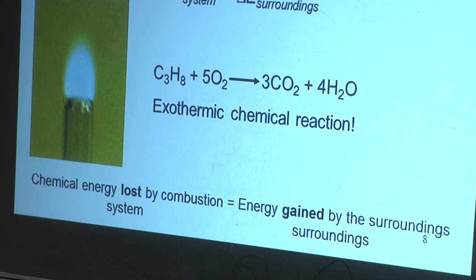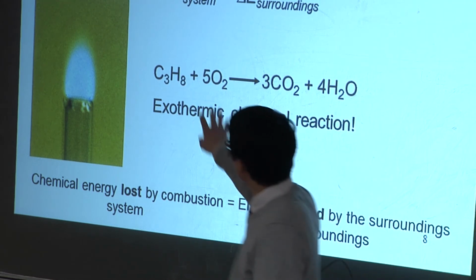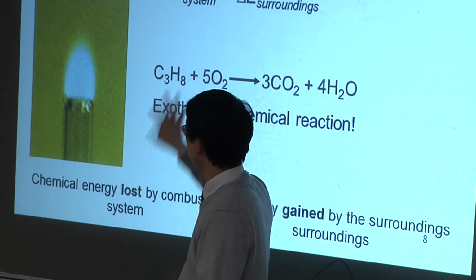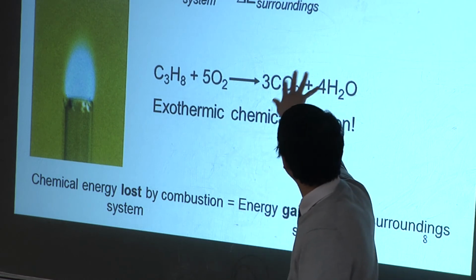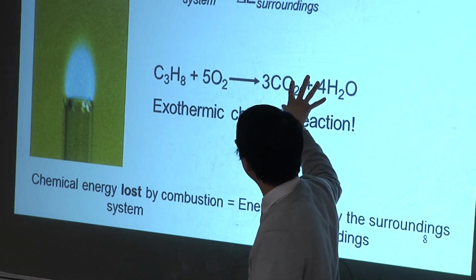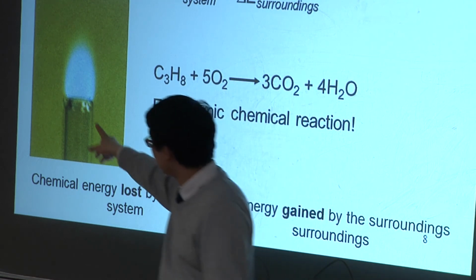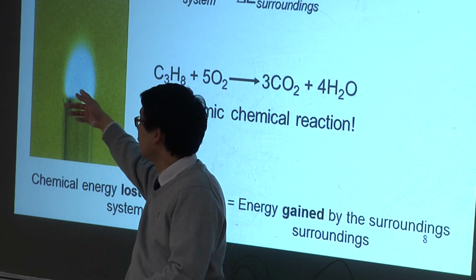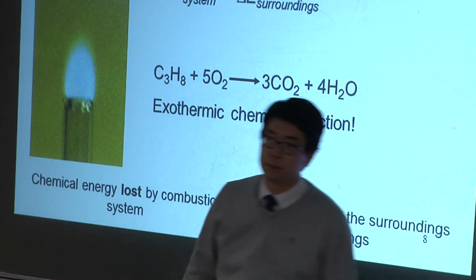It's not really getting colder, because the energy there is potential energy. It's stored energy that's getting released. What's happening is these molecules in their bonds have a lot of energy, and these molecules in their bonds don't have a lot of energy. And the difference, when you get from here to here, gets manifested, gets expressed as heat and light.